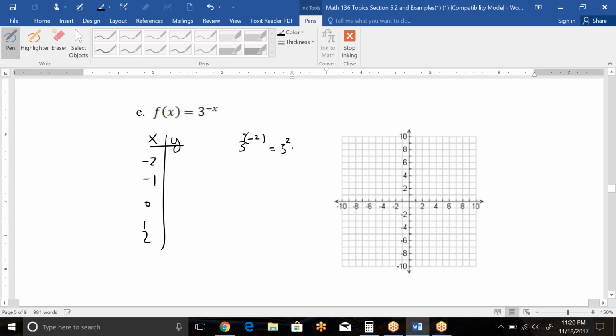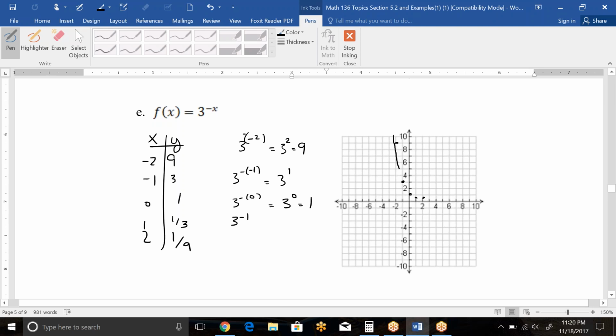So that's going to be 3 squared, which is 9. 3 to the -1, which is 3 to the first. 3 to the -0 is just going to be 3 to the 0, which is 1. 3 to the -1 now, though, is going to be 1/3, and this one will be the 1/9. So -2, +9, -1, +3, 0, 1, 1, 1/3, 2, 1/9.